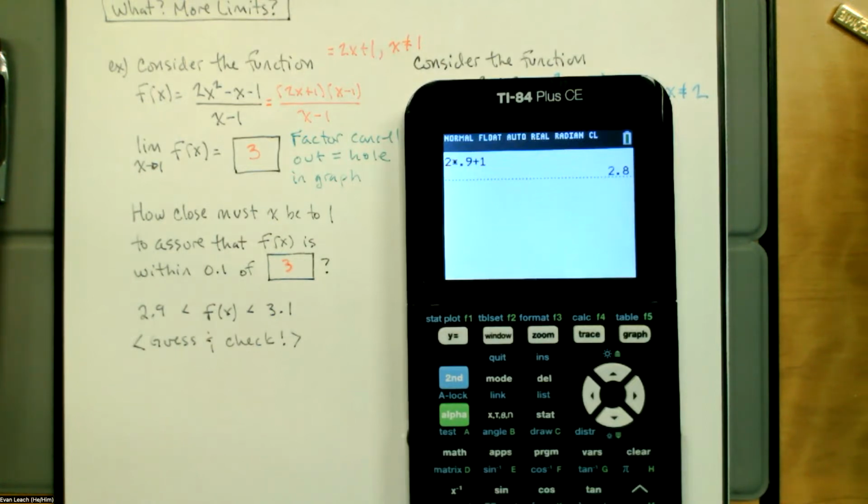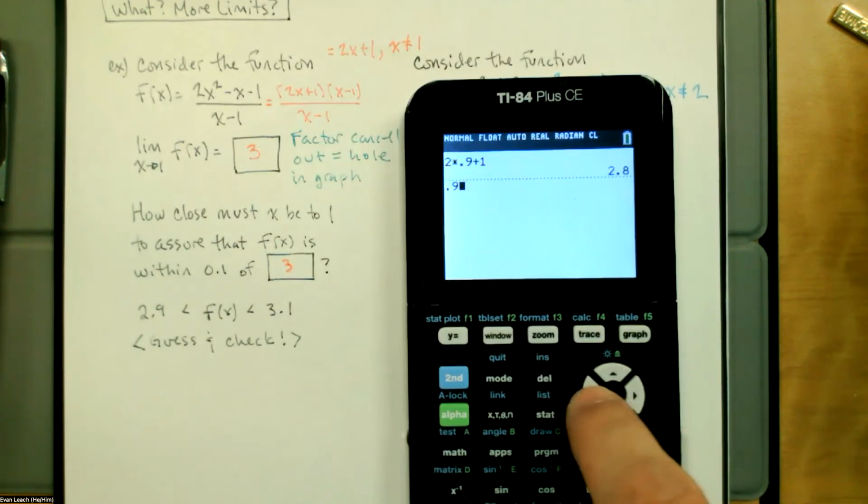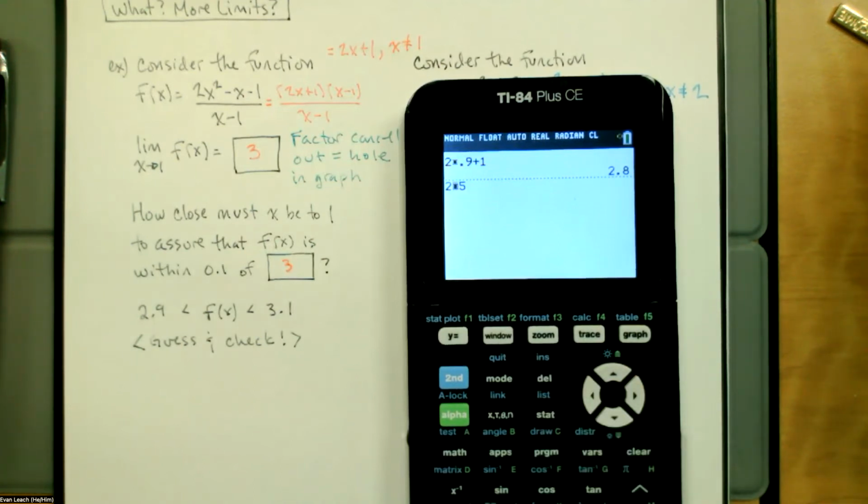So if I go 0.95, 2 times 0.95 plus 1. Oh, there we go. If x is 0.95, that is 0.05 units away from 1, then f of x will be within 0.1 of 3.